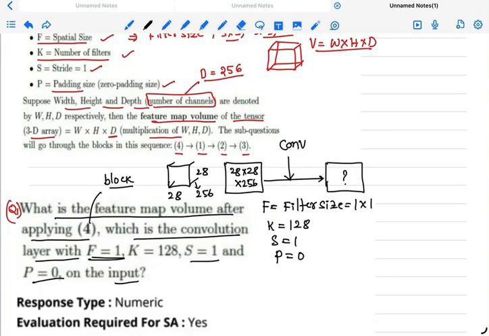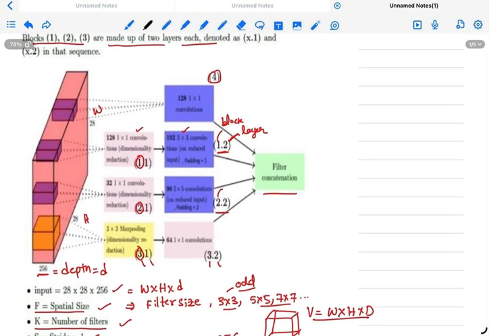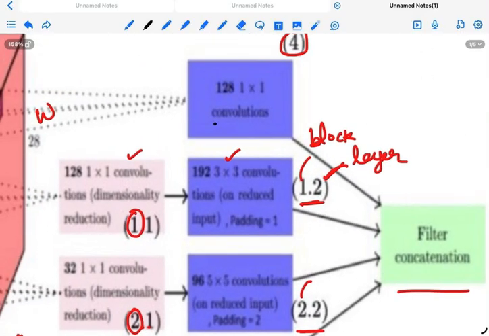What is the feature map volume? They are asking the feature map volume after applying block 4. Here the convolution has 128 filters of 1 cross 1.